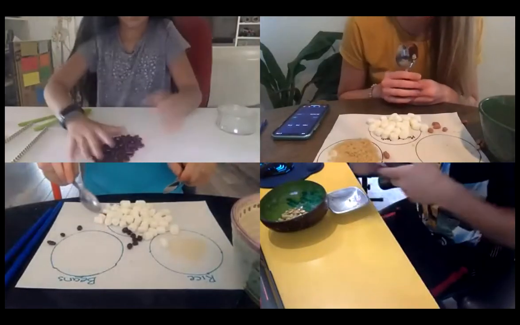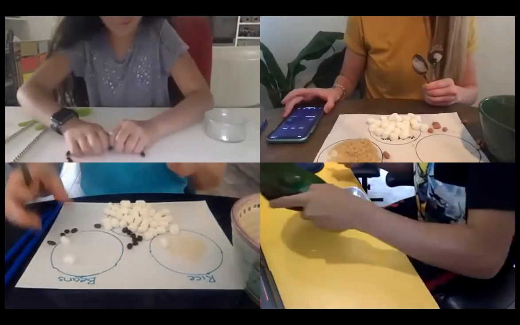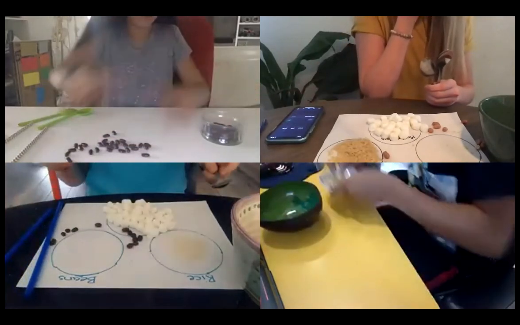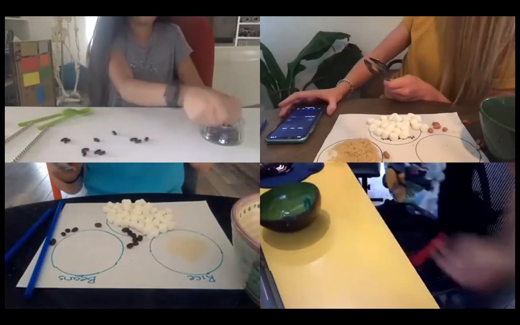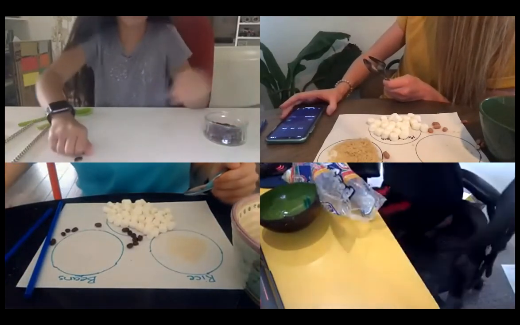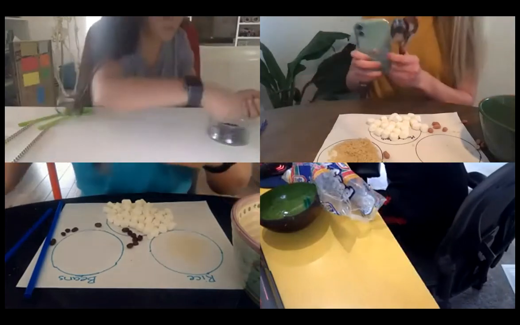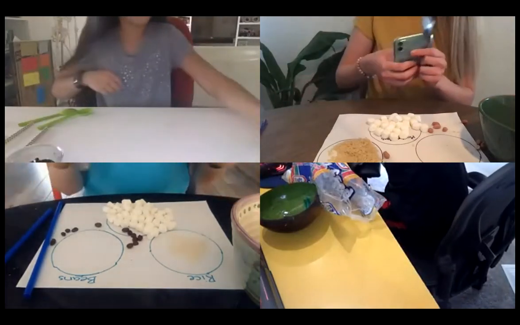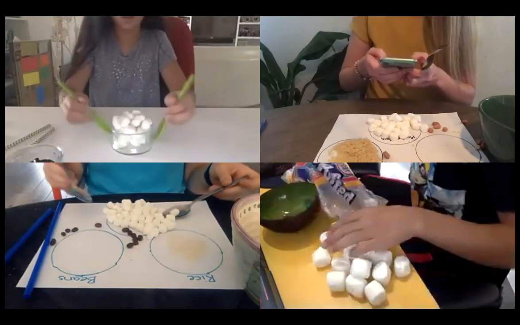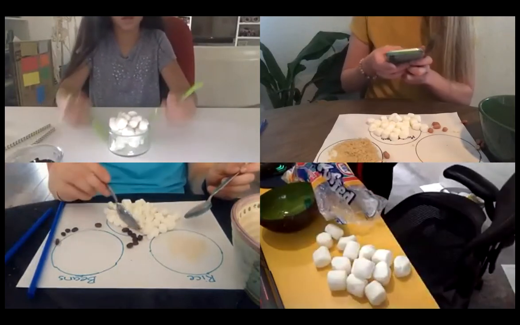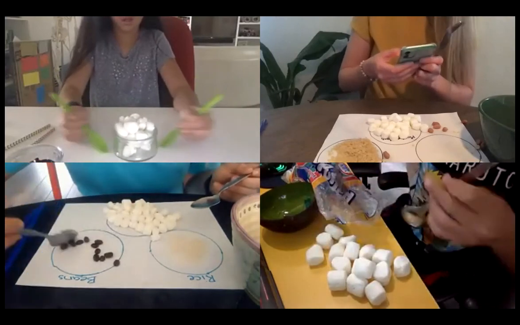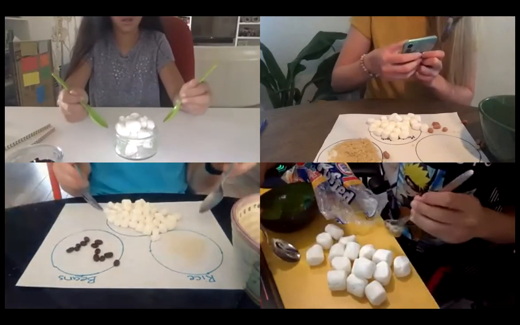All right, marshmallows when you're ready. Wait, I need to put these back. Okay, marshmallows. Got the bag, and then grabbing all of these ones. Okay, I am ready. Lost my timer for a minute.